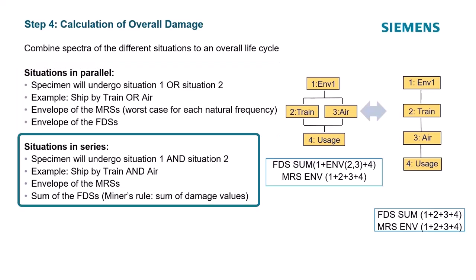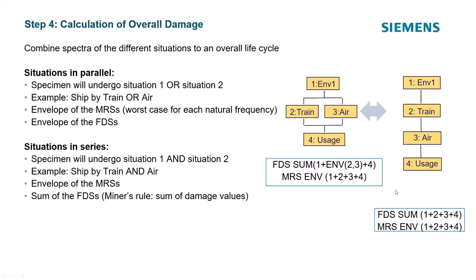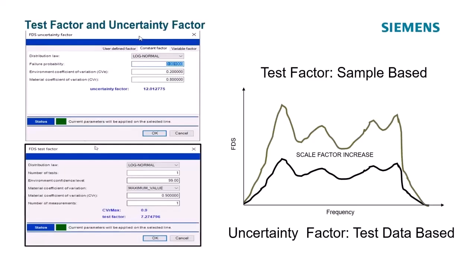If they're in series, we're still going to envelope the MRS, so we get a worst case MRS. For the FDS, if it's in series, we have to do track A and B and C and D, then we're going to sum it. So we're going to accumulate the damage, which makes sense. After this process, we're going to have one life profile MRS and one life profile FDS.